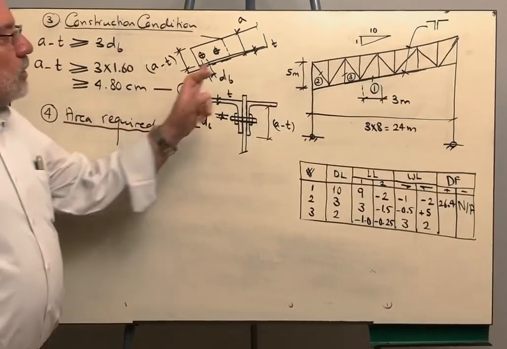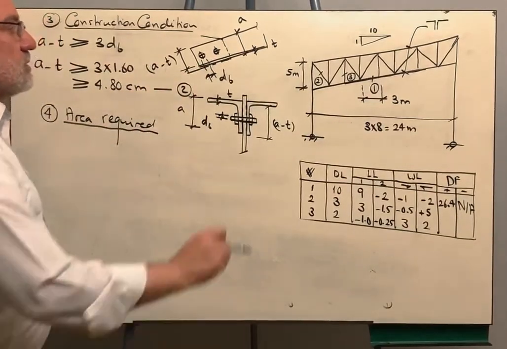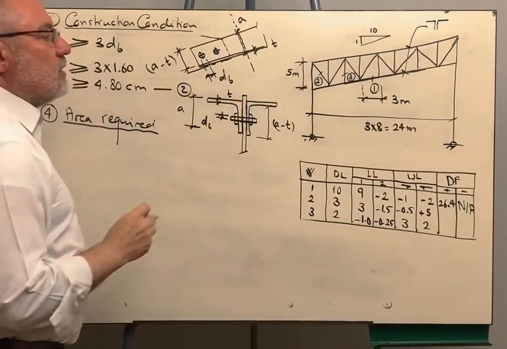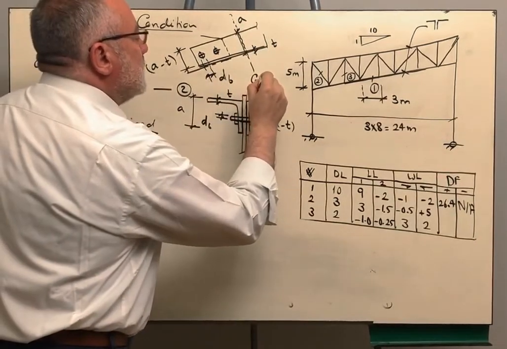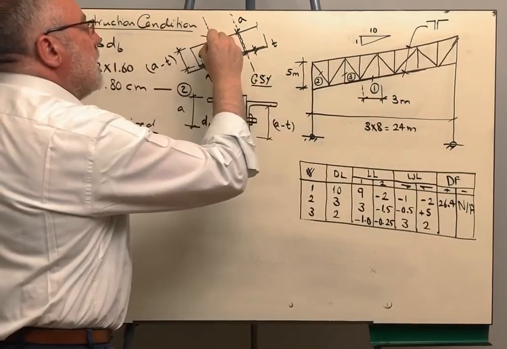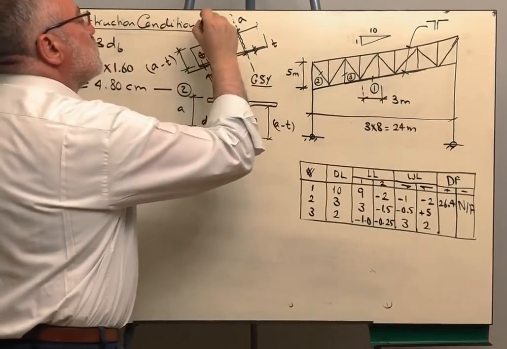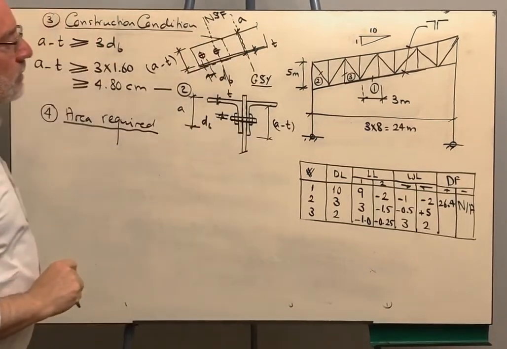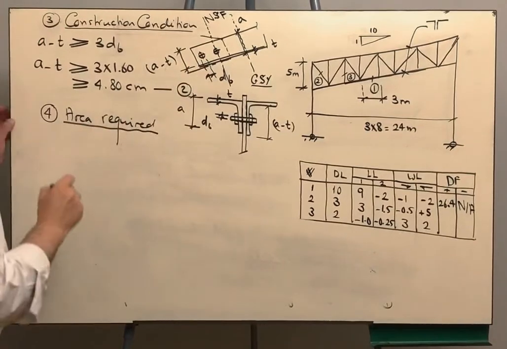Take care. When we studied tension members, we said that the tension member can fail in the middle, and this we called the gross section yielding failure mode, and it can fail at the bolt, and this we called the net section fracture. Okay?